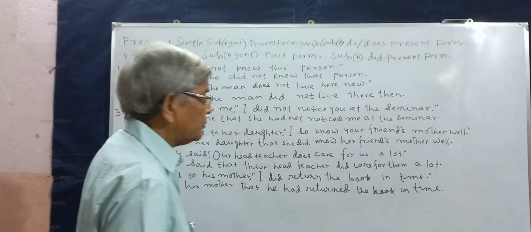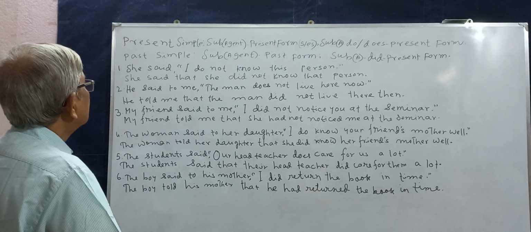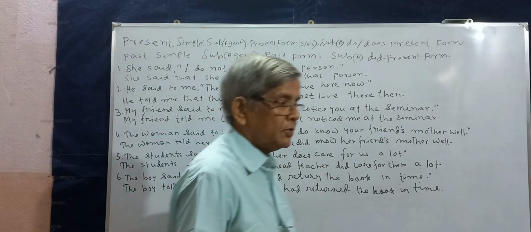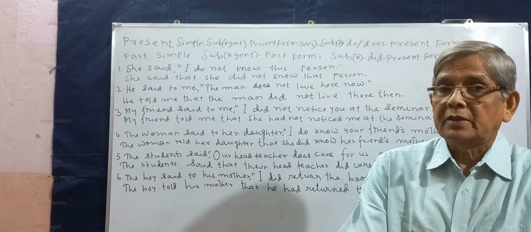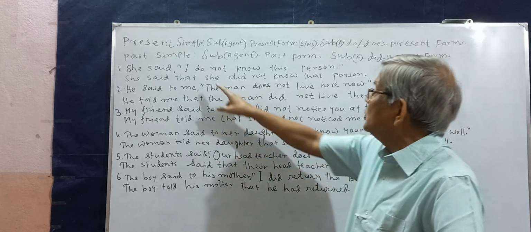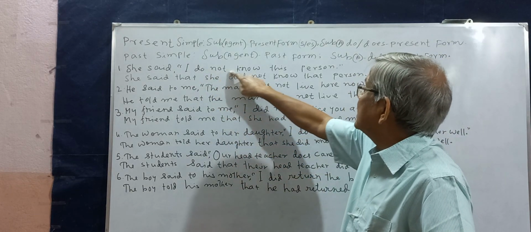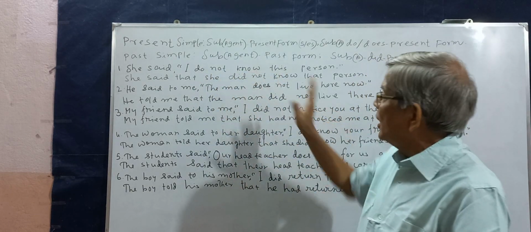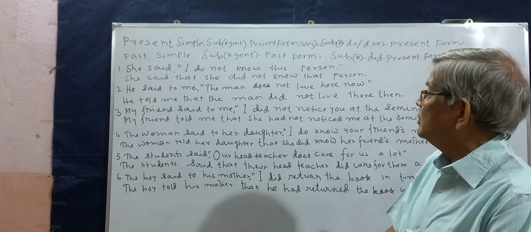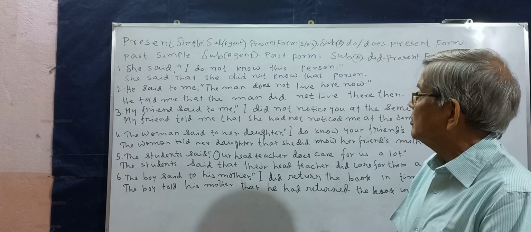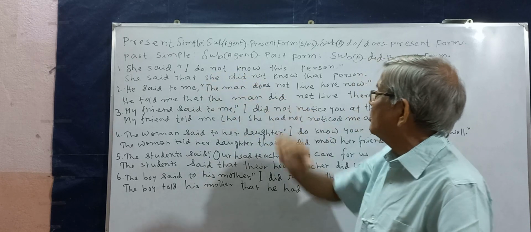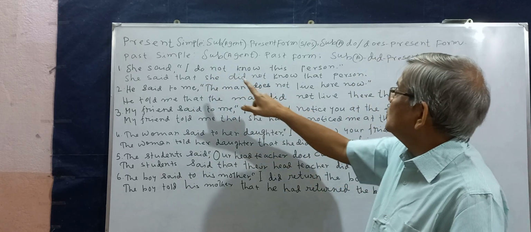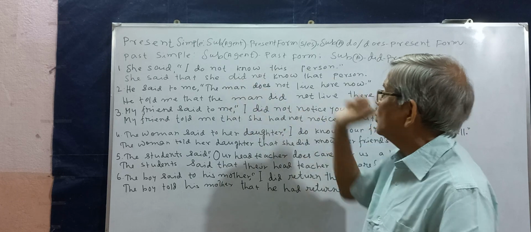Sentence number one: she said, I do not know this person. Do not know: do know is present simple tense active voice. We have used do here to form the negative statement. And we know that when the verb of reporting is in the past tense, we have to change the present simple tense to the past simple tense. So, do not know turns into did not know.